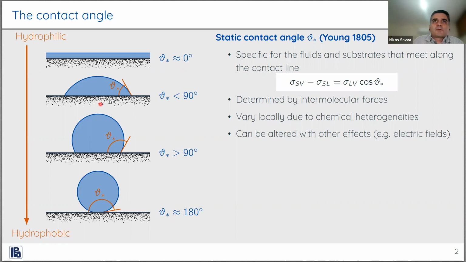So if you have an electrode at the bottom, dielectric in the middle, and the conducting liquid drop on top, and then you apply electricity, then due to these Maxwell stresses, the liquid will be attracted to the electrode below, and the droplet will spread. Okay, and then this will reduce the contact angle.